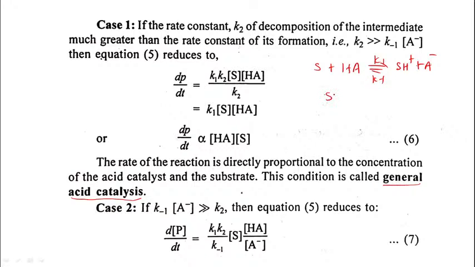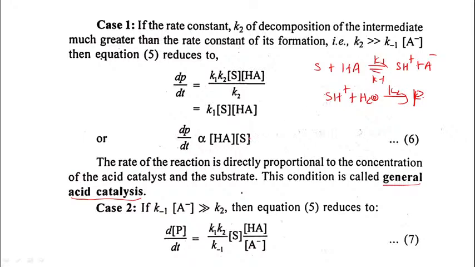And this intermediate decomposes or undergoes hydrolysis with the formation of the product, with K2 as the rate constant here. So if K minus 1 into concentration of the anion, meaning this reverse process, is very much larger than this, it means the reversible reaction is more favorable than the formation of the product.